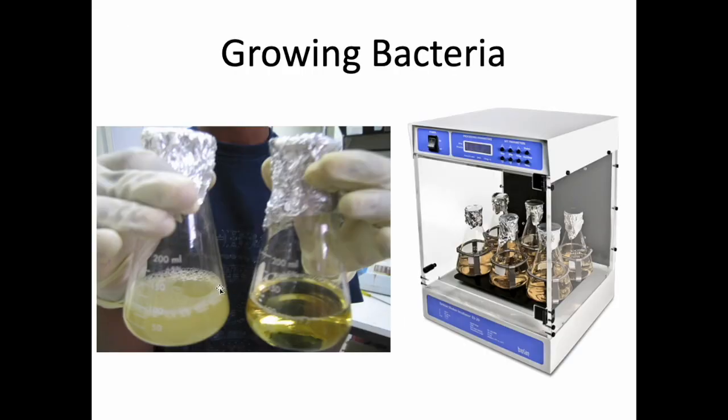Again, these E. coli are living things. They're building a lot of proteins that they need to stay alive, and they're also making sugars and lipids and DNA and all sorts of other macromolecules. All we want is protein, and all we want is our protein. How do we get this in pure quantities?